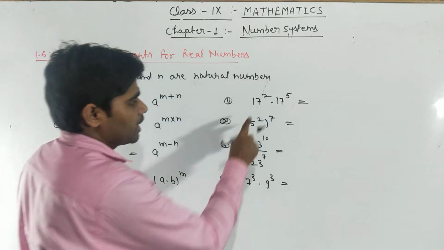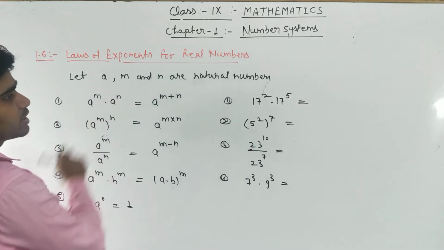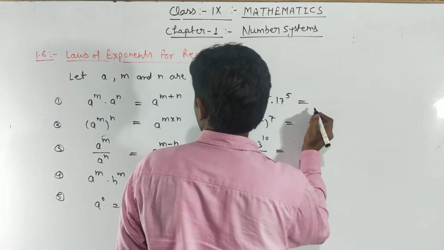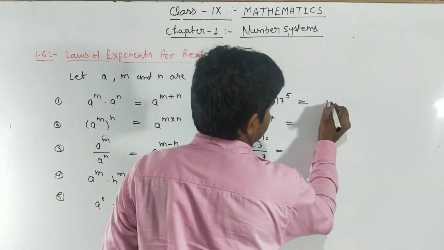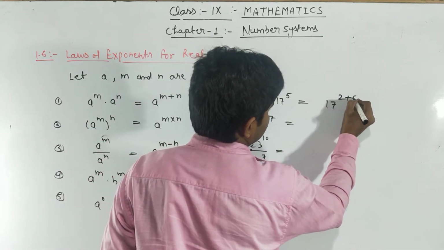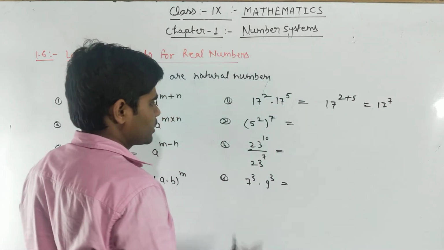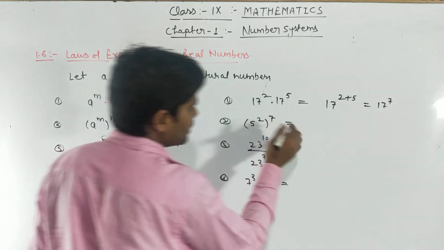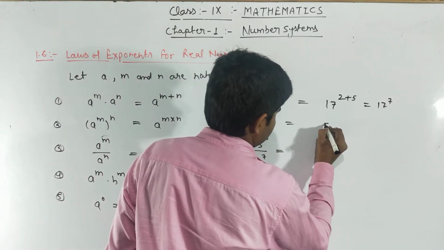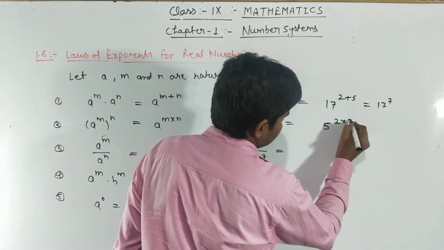How can you solve? Here the base is the same, then the exponents will add. So 17 power 2 plus 5 is equal to 17 power 7. Solution: here this identity, a raised to the power m raised to the power n, the exponents will multiply, 2 into 7.